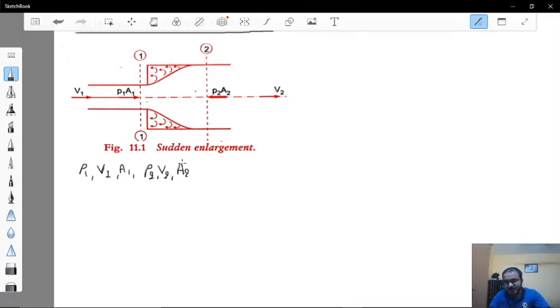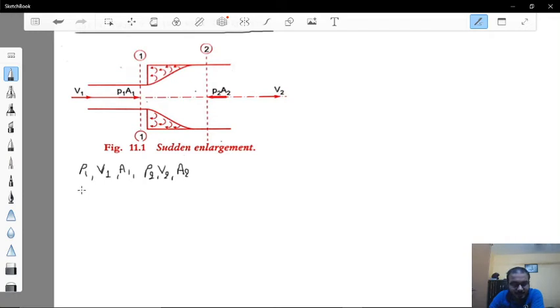Now what happens here, that there is a sudden enlargement. So because of this sudden enlargement, the fluid in the pipe is not able to follow this sudden enlargement. So because of that, there will be some eddy formation that can be observed over here and energy losses takes place.